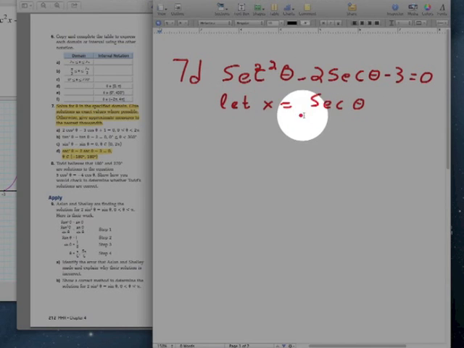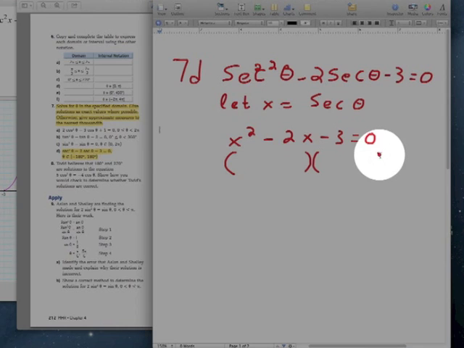So if I let secant theta equal x, then this becomes x squared minus 2x minus 3 equal to 0. And this is a really simple factoring problem that we do in grade 11. So let's see what we would have. Again, it's x squared. I know I'm going to have two possible solutions, so let's start by making two sets of brackets, and these will all be equal to 0.